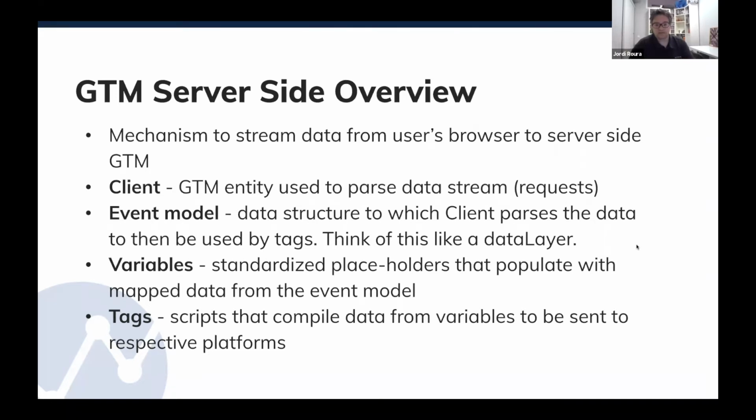And then we're going to have the tags, which are going to be responsible for reading the information that's provided by the clients and shipping it off to wherever it needs to be shipped off. So in the most common case, a Google Analytics client will be handing off information to a Google Analytics tag, which in turn will be communicating with Google Analytics in order to deliver that data.